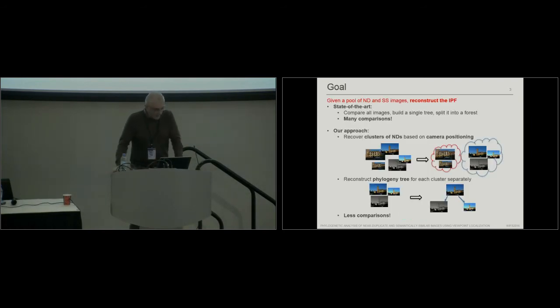And what is present in the literature regarding this type of problem? At this moment, there are some contributions from the group of Professor Rocha, in which all the images are considered together. At first, a single tree is constructed, and then this tree is split into different subtrees in order to create this forest.